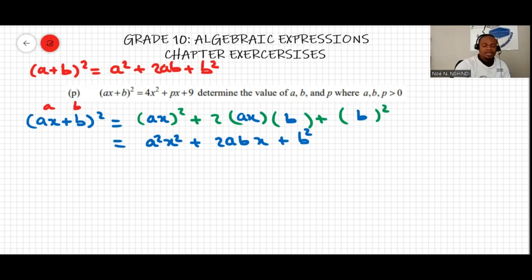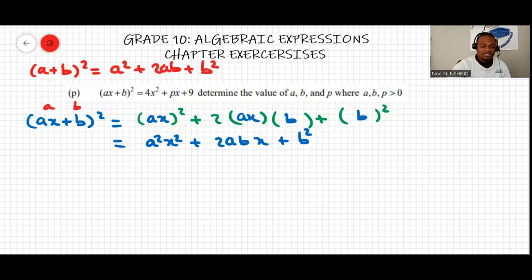Okay. Now the question says that this is equal to 4x squared plus bx plus 9. Now it is important to note that when we have an equation like this, because I just expand this part according to the formula, and then they say this is equal to that, so we say this equal to this.